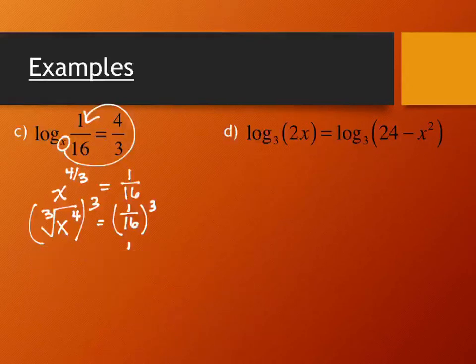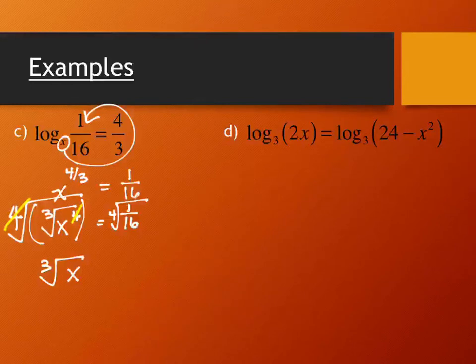Okay. Let's do the fourth root part first. So, what is the fourth root of 16? 2. It's 2. Okay, so this is still the cube root of x because the fourth root and the fourth power cancel here.